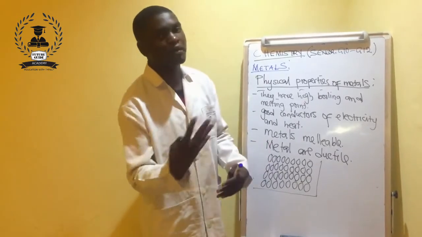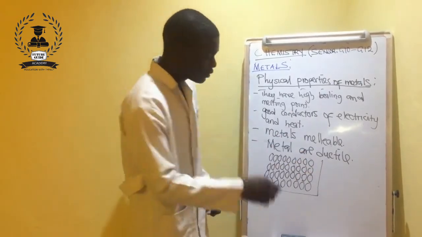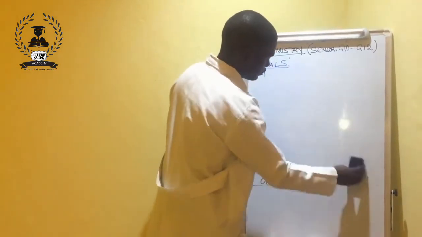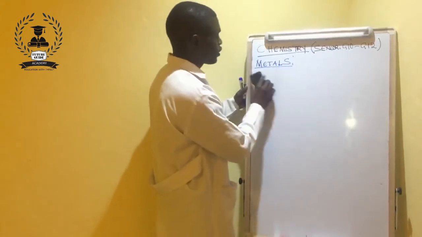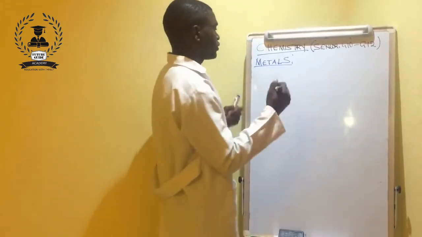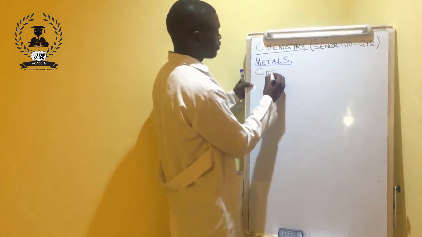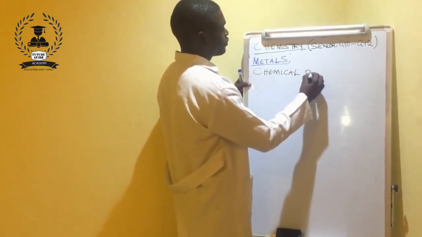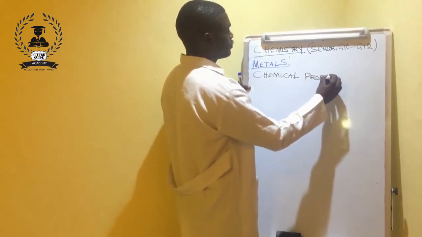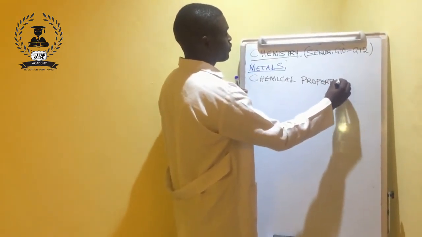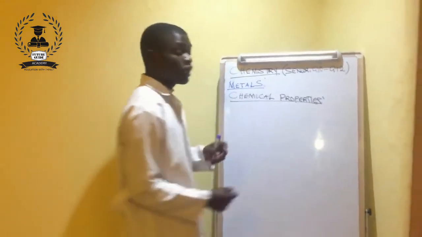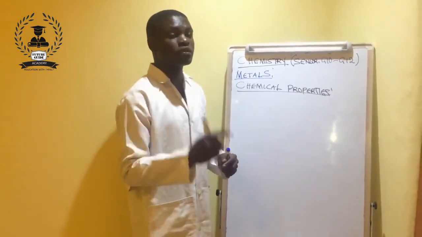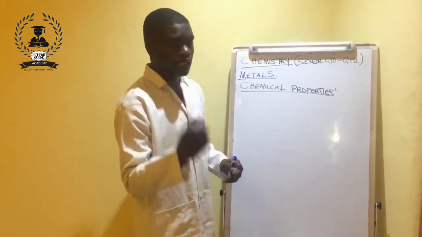Now, what if metals are reacting with other metals? What happens? Let's look at chemical properties. Chemical properties. 1. Metals, when they react with a non-metal, they always lose what? Electrons.